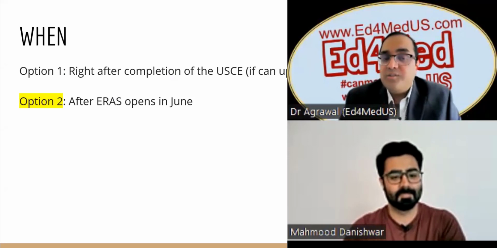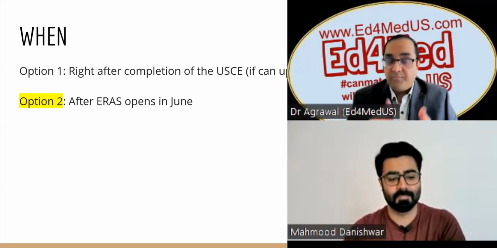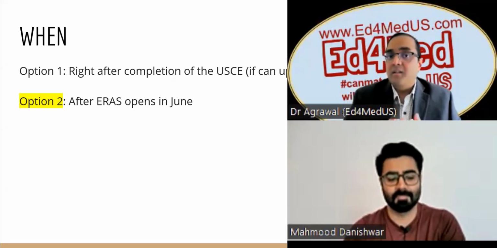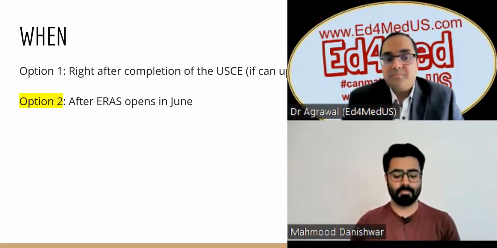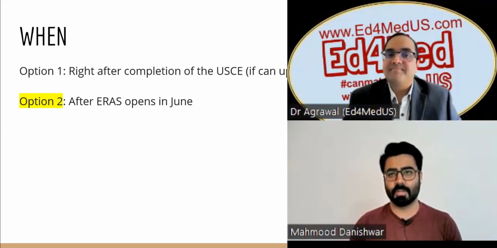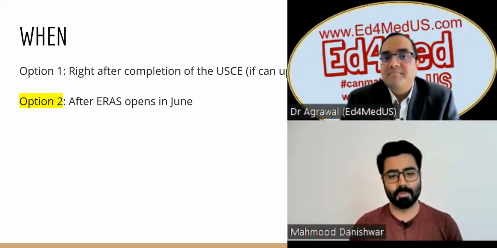Another option is, of course, after ERAS opens in June, and that's what Dr. Danish was saying. This would be probably a good time to reach out to those letter writers and say, hey, I'm applying. Could you please update that letter? Yeah, so let's say that your ERAS application opens up in June. The application submission starts from early September, and the end date is probably the end of September.